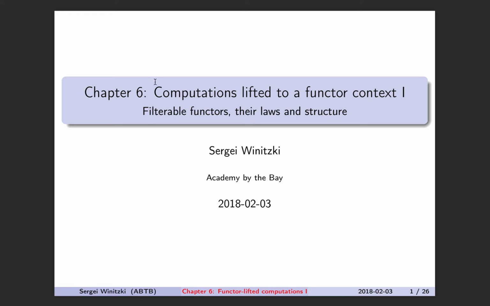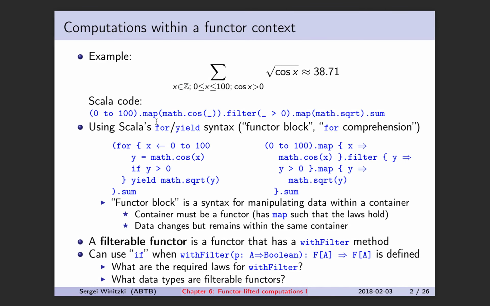This chapter has the title Computations Lifted to a Functor Context, Part 1, because filterable functors can already be used in a computation involving a for yield block, which I call the functor block. As a first example, I present this computation, and I show that it can be expressed using map and filter.